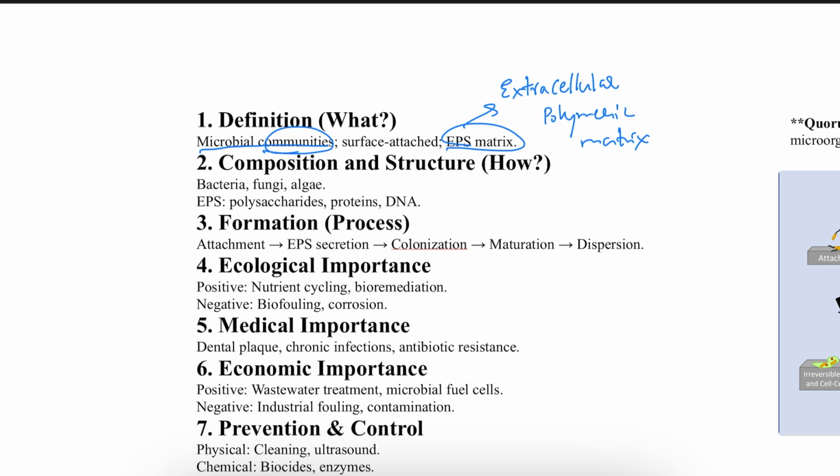It is composed of bacteria, fungi, algae, and the matrix is made up of proteins, DNA, and polysaccharides.